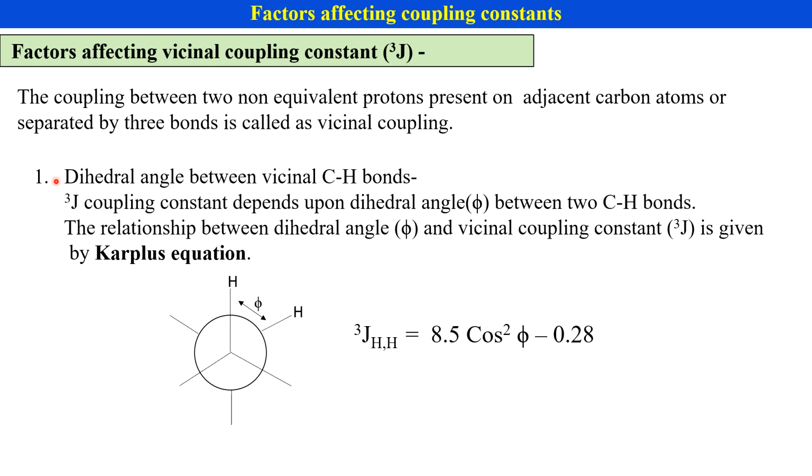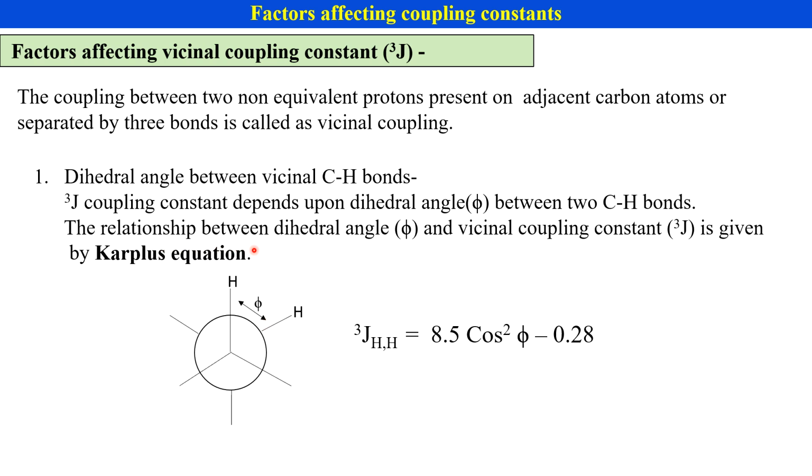The first important factor is dihedral angle between vicinal CH bonds. 3J coupling constant depends upon the dihedral angle between two CH bonds. In this case, this is the front carbon atom and this is the rear carbon atom, and the dihedral angle between two CH bonds determines the value of vicinal coupling constant.